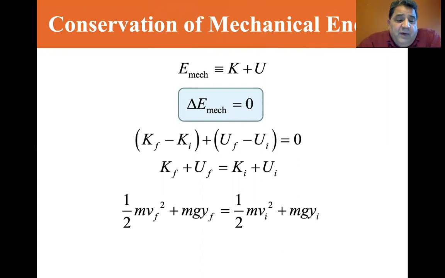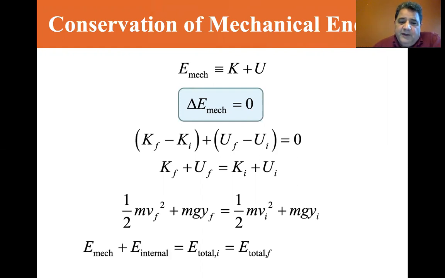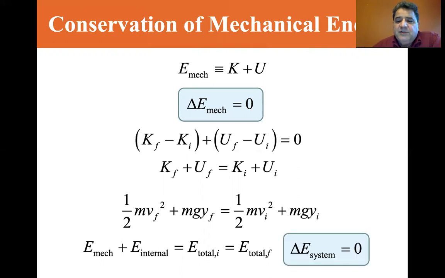So we have 1/2 m v final squared plus mg y final equals 1/2 m v initial squared plus mg y initial. The mechanical energy plus the internal energy equals the total energy initial equals the total energy final. So the change in energy of the system is equal to zero.